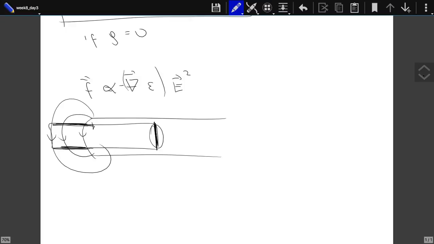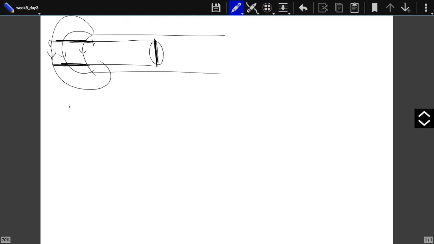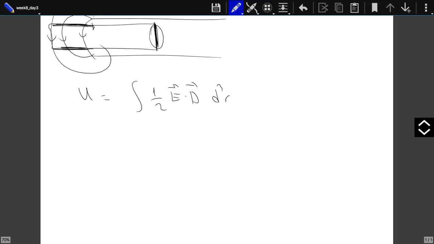Well, you see, this is what the book actually does. So we have this energy. Now let me use the symbol U, which, for a linear dielectric, is given by 1/2 integral of E dot D d cubed r. Okay, this is the energy. Then the book says, let's assume we have an alternative E and hence D fields.